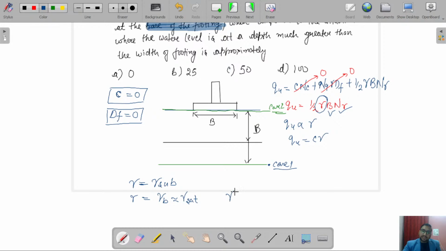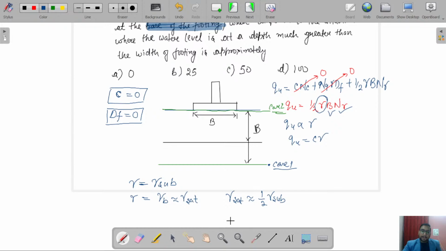We know that gamma submerged is nearly equal to half of gamma saturated. Generally, the saturated unit weight you will get like 20, 21 in this range, whereas gamma submerged value you will find in the range of 10, 11.